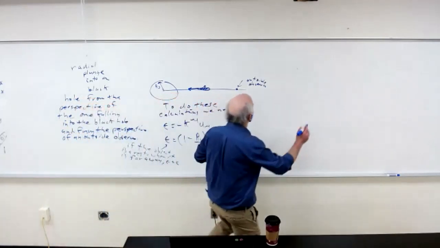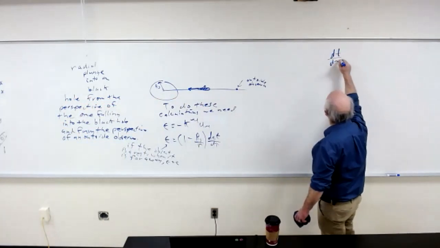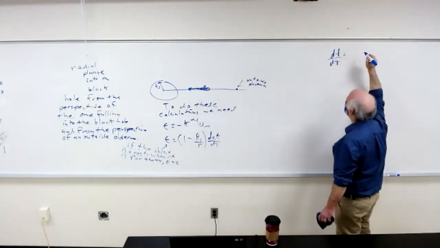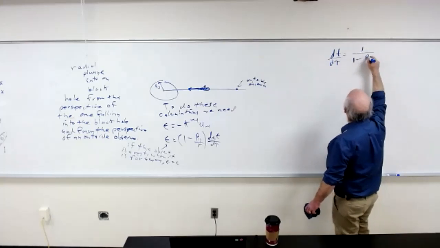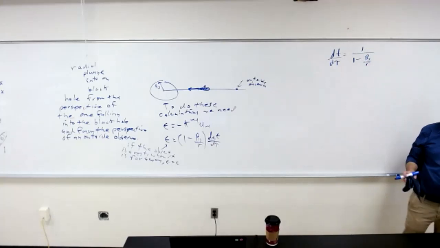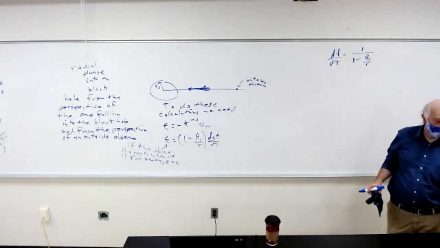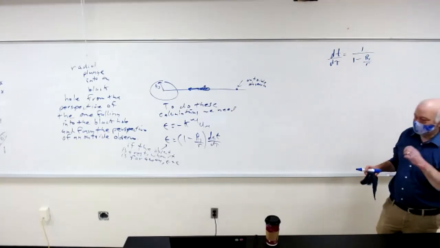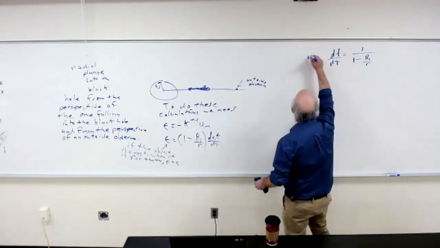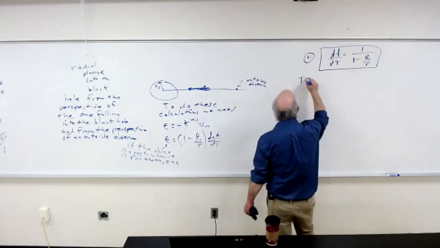So the c's cancel. So this is one of the equations we need. We have this dt d tau equals 1 over 1 minus rs over r. So everyone happy with that? Then we got the other one from the orbit equation. So this is one equation. Okay, the other equation comes from the orbit equation.